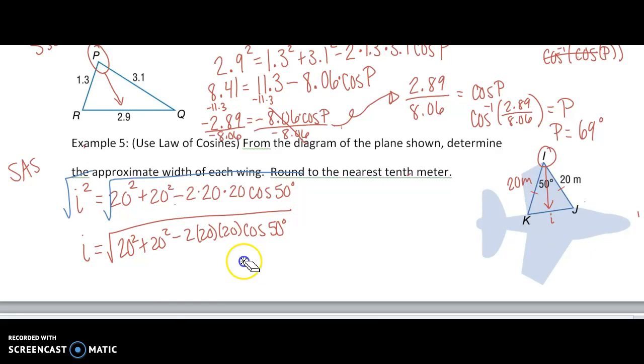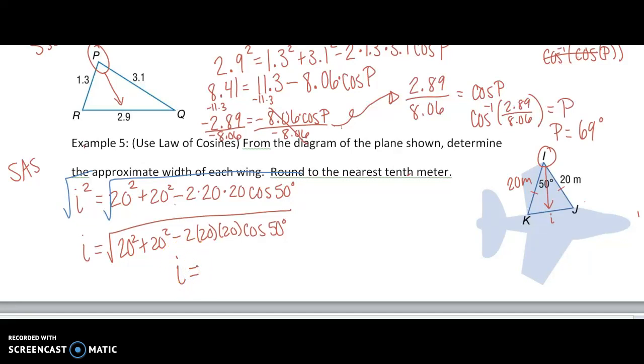You can actually do those calculations step by step. If I'm being honest, for years I would take 20 squared and add it to 20 squared and figure out what 2 times 20 times 20 was and then multiply it by cosine of 50 degrees. And I went through all these steps. And then finally I was like, I can just put that in my calculator, take the square root and throw all that in.